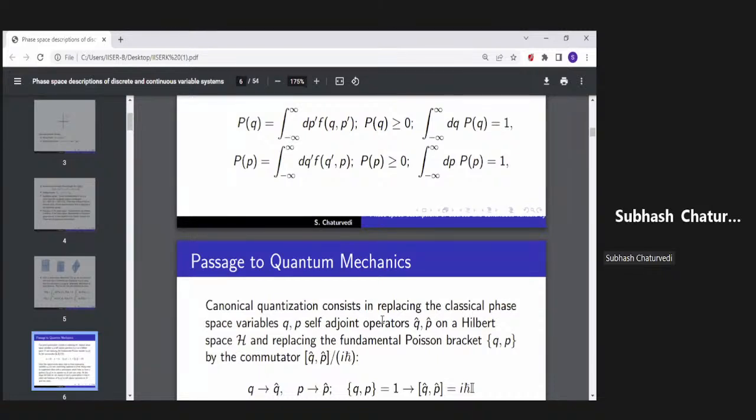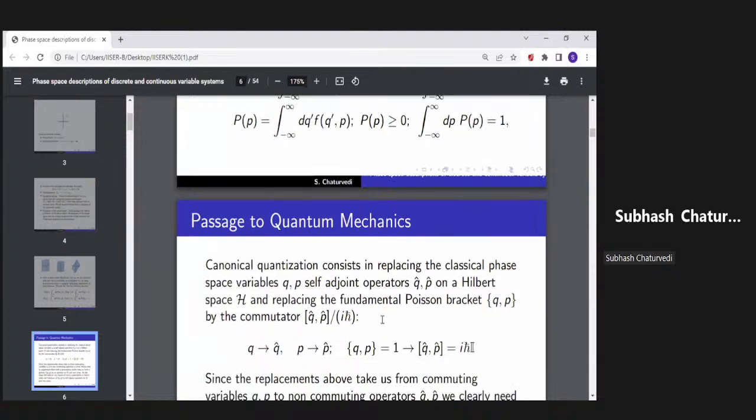One of the earliest methods of passing from classical mechanics to quantum mechanics is to associate a Hilbert space with our system and elevate the classical variables q and p to operators q hat and p hat on this Hilbert space, and the Poisson bracket of the phase space description in classical mechanics goes over to the commutator [q hat, p hat] equal to i h-bar times the identity.